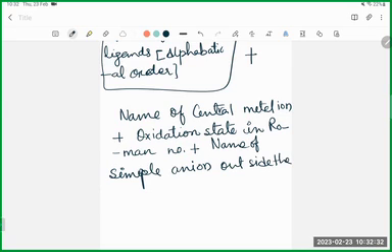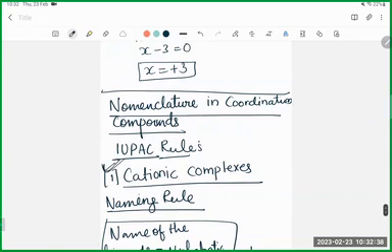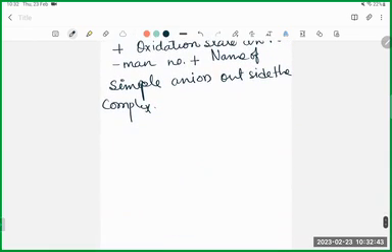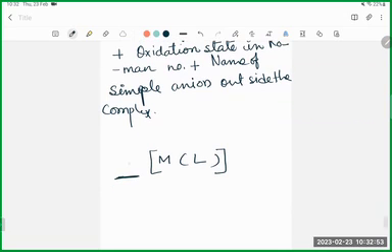So let me tell you one small trick over here. When we have a cationic complex, specifically, either they will be holding on the right hand side. This is the complex entity, where you have the central metal atom and the ligands. So here, on the left hand side there will not be any molecule or atom present.